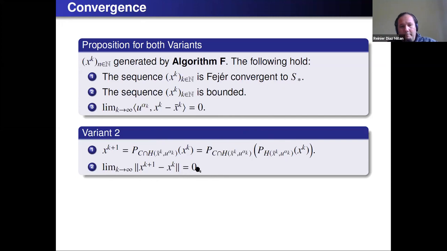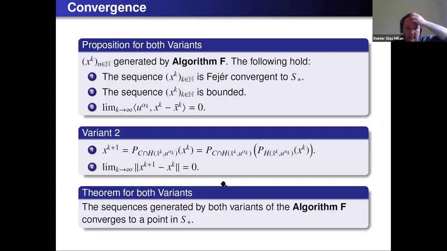These two properties combined with 3 prove that the second variant also converges to the solution set, and this is the next theorem. Both sequences generated by both variants are convergent to a point in the solution set. Okay, this is how we proved the convergence of both sequences to the solution set. Then the algorithm works.